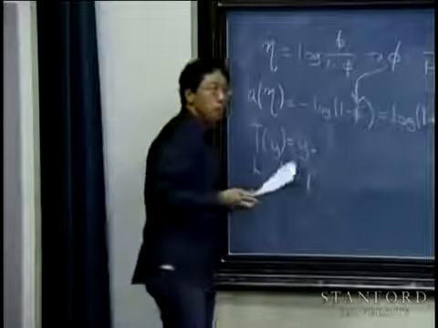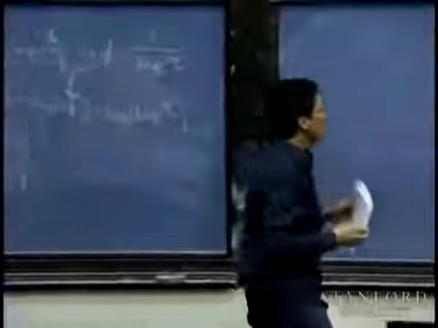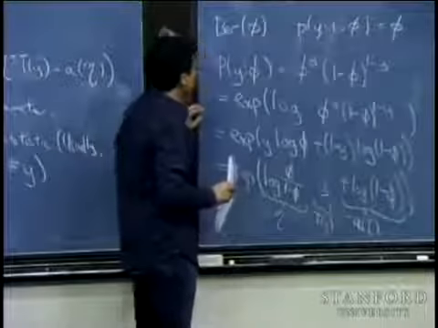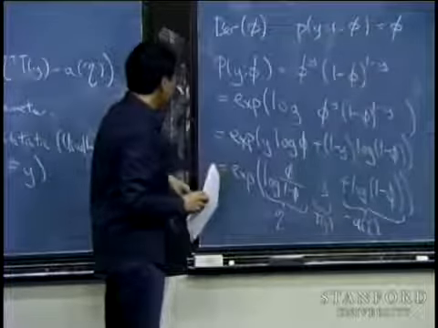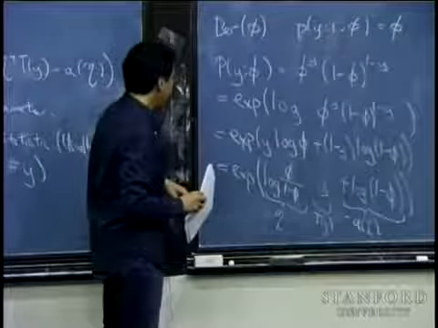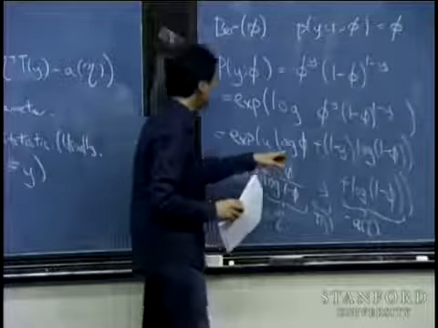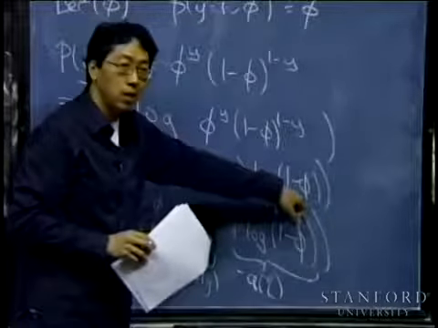Question? Go from the second to the last line to the last. Let's see, from which line to which line? The second to the last line. Oh, this line to this line. Yeah, so expand this term out, 1 minus y times log 1 minus phi.